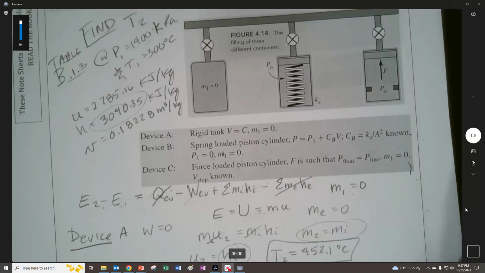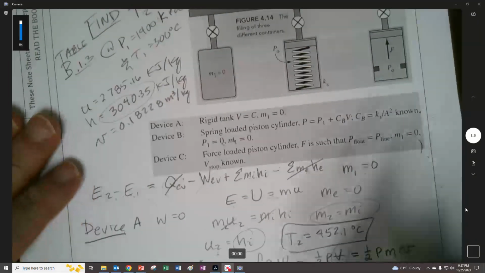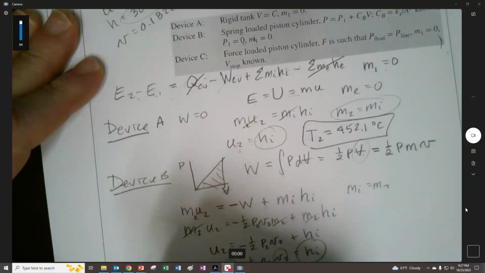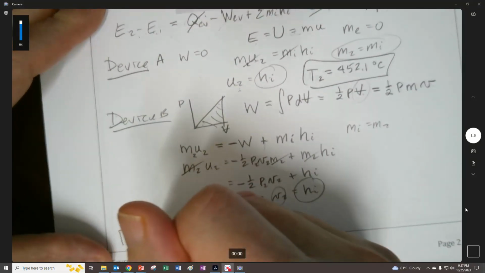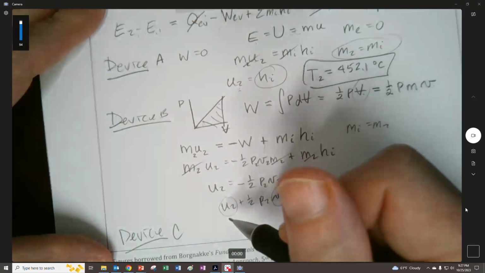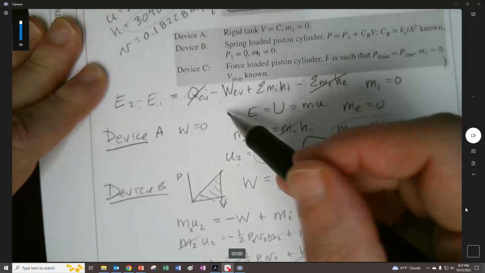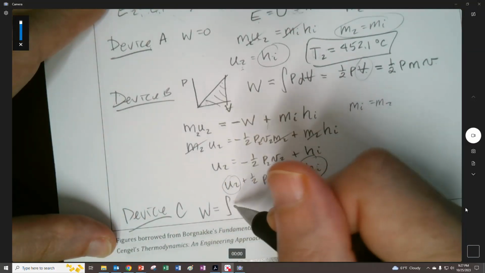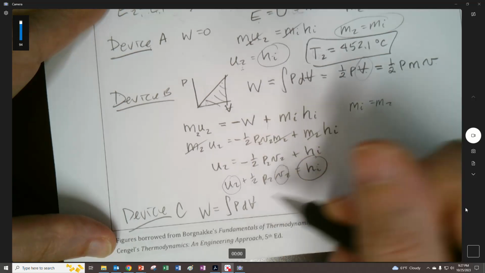But anyway, so what we'll see here, when coming back up to our main equation right here, let's write that down. The limited amount that we need for device C. We do have work in this case, right? Because we have force through a distance, and so the work is going to be the integral of P dV.